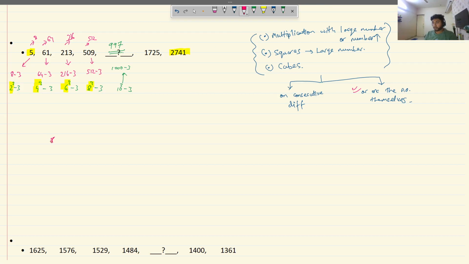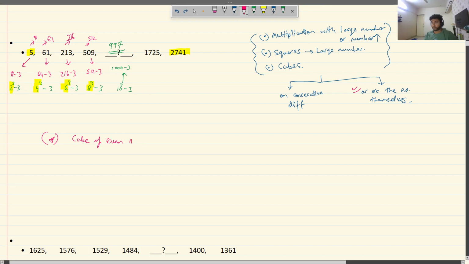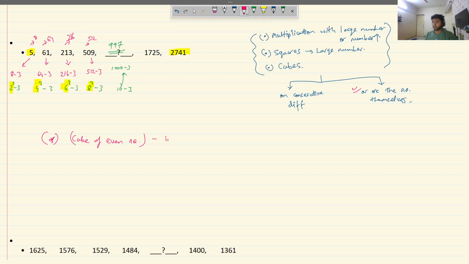Hence, my logic is cube of even number minus an integer.